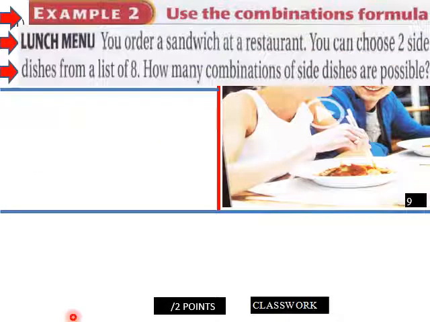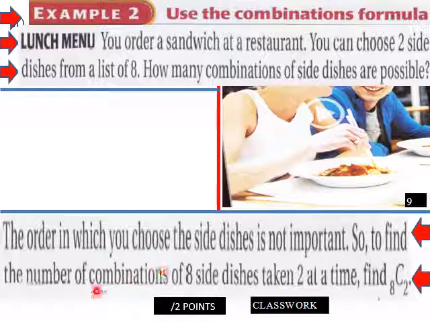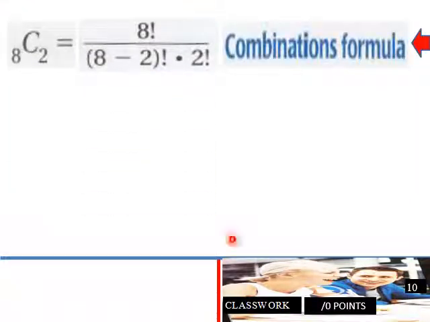Okay, using the combinations formula. You order a sandwich at a restaurant. You can choose 2 side dishes from a list of 8. How many combinations of side dishes are possible? In this case, the order in which you choose side dishes is not important. So to find the number of combinations of 8 side dishes taken 2 at a time, find 8 choose 2. That is 8 factorial over 8 minus 2 factorial times 2 factorial.